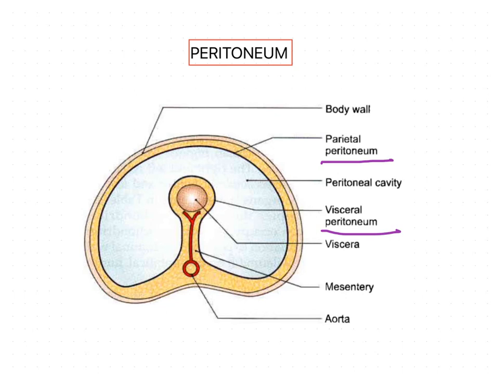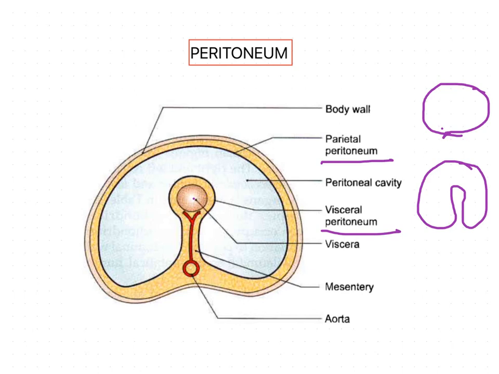This peritoneum is in the form of a closed sac, which is invaginated by a number of viscera. Here this one is the visceral organ, and this visceral organ is invaginated by the peritoneum.